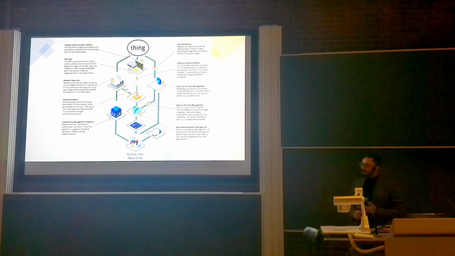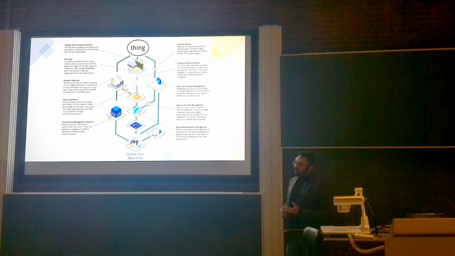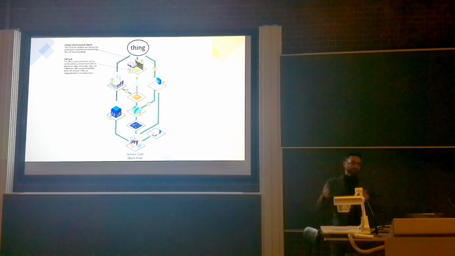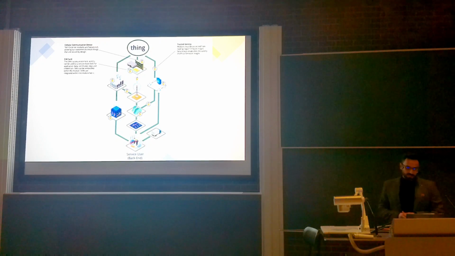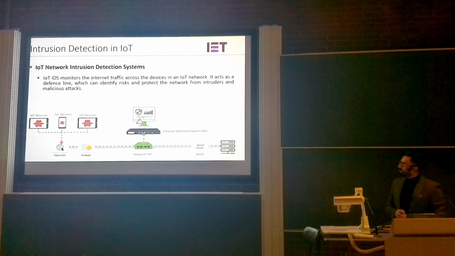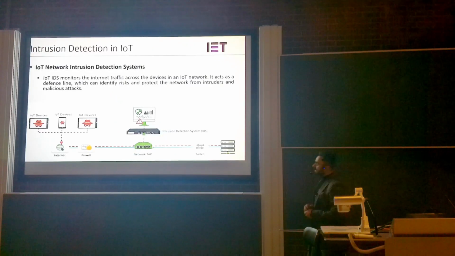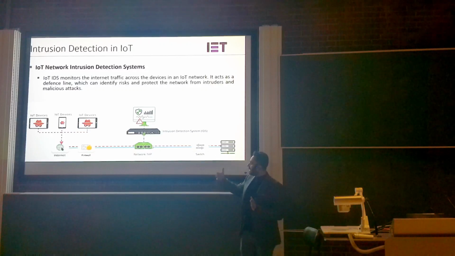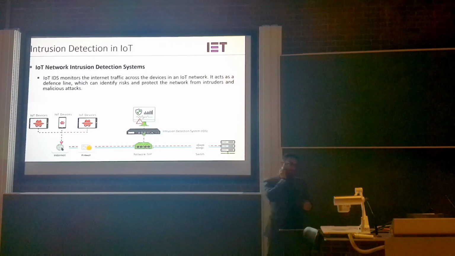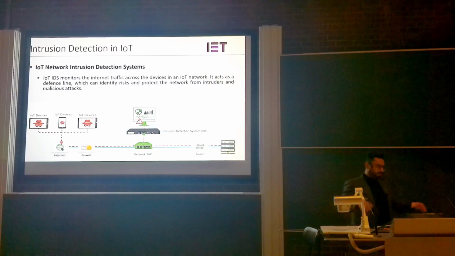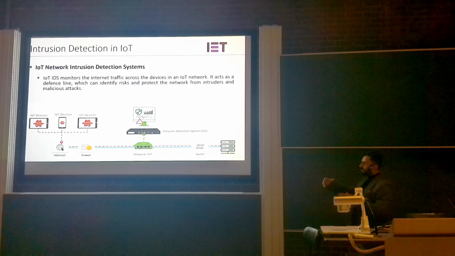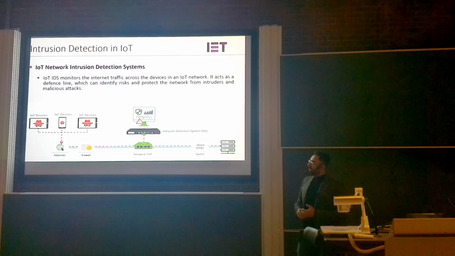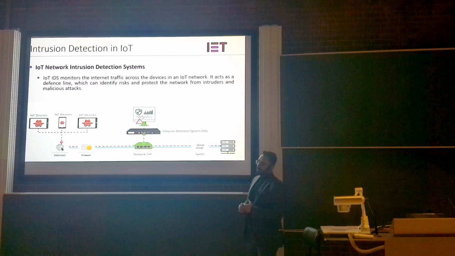It could be due to a kind of requirement that could prevent you from connecting directly to those devices. But then to secure those devices, you'll have an intrusion detection system that could be installed on a switch in that network. So basically you'll have a network of IoT devices, and then at some point the data will be transmitted through a switch, and on that switch you can install that intrusion detection system.